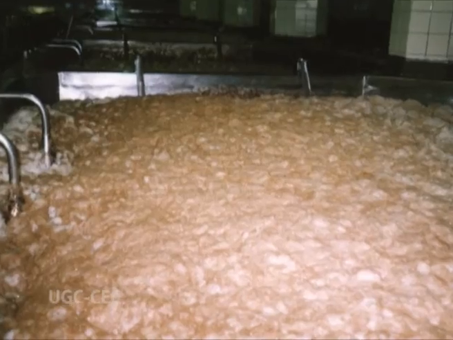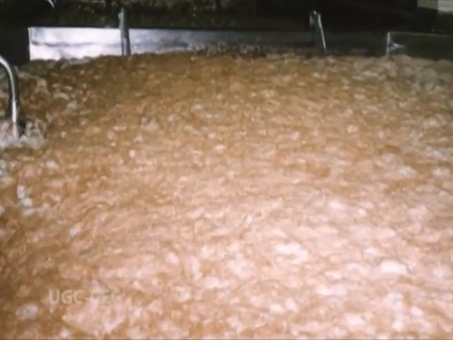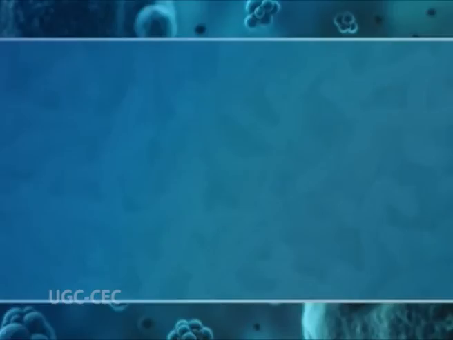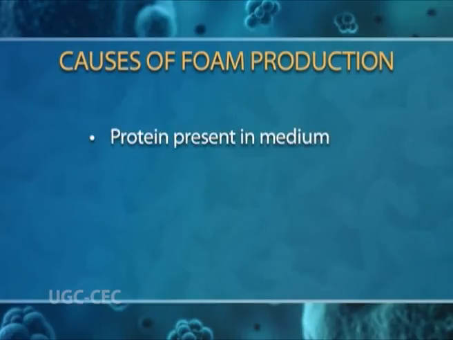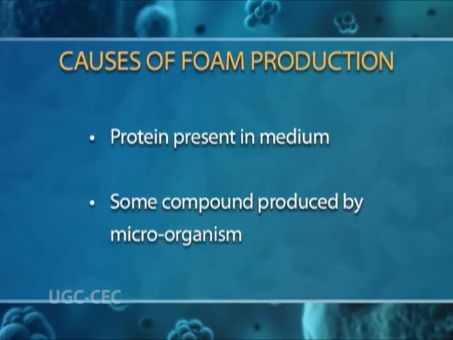Foaming is a problem often encountered in fermentation. It is very important to control foaming. Foam is produced during most microbial fermentations. Foaming may occur either due to a medium component, for example protein present in the medium, or due to some compound produced by the microorganism.